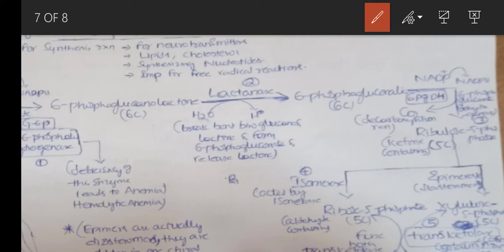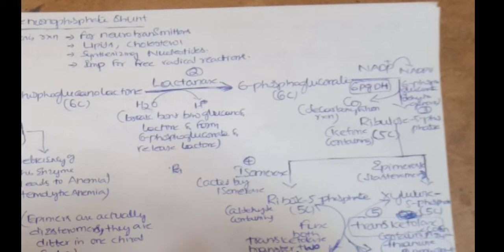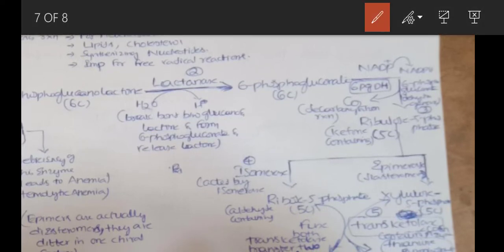In the next step, this 6-phosphogluconate will be converted to ribulose 5-phosphate. From here up to here, later I will discuss that.